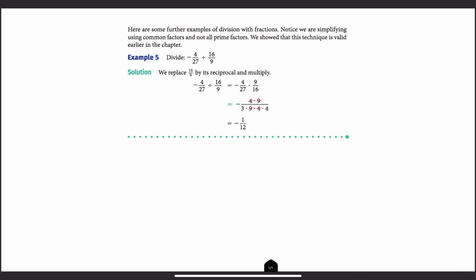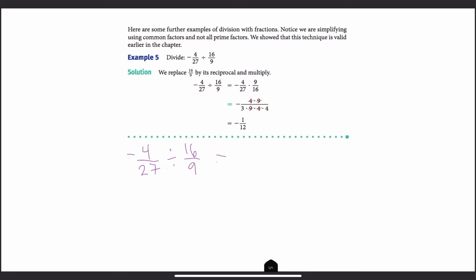Okay, let's keep looking at some examples here. Now, whenever we divide fractions, we won't actually be able to divide them.